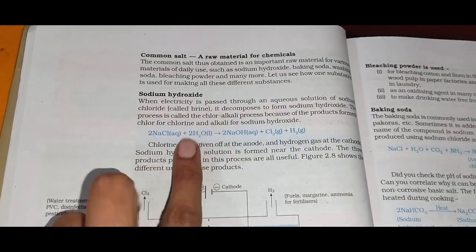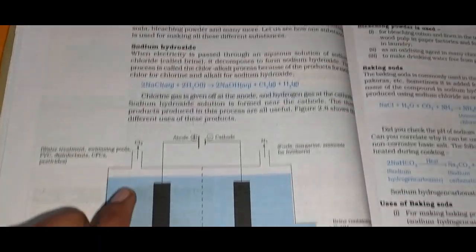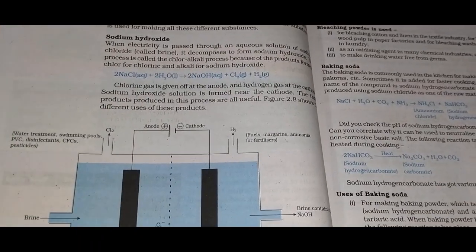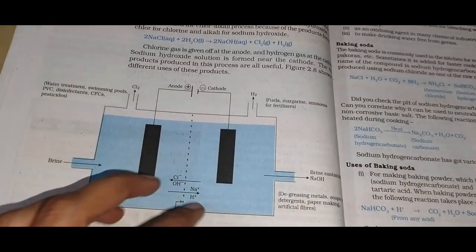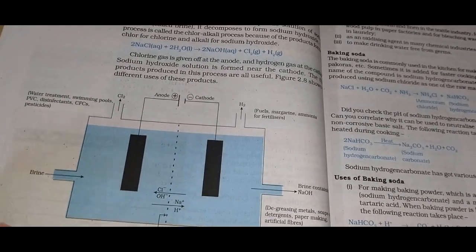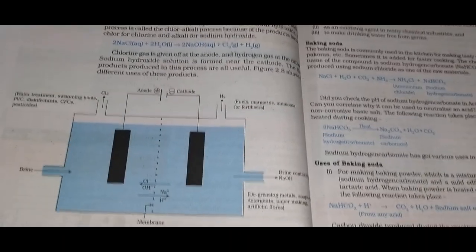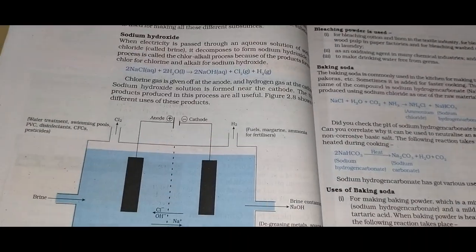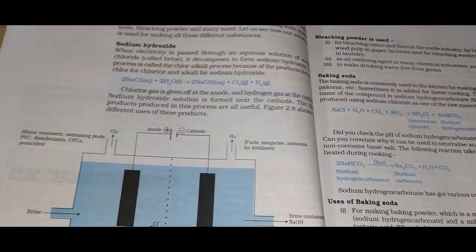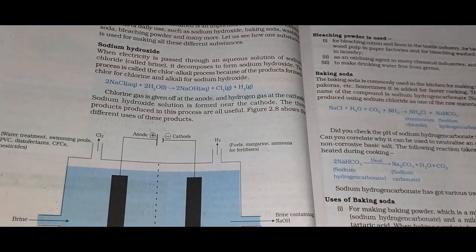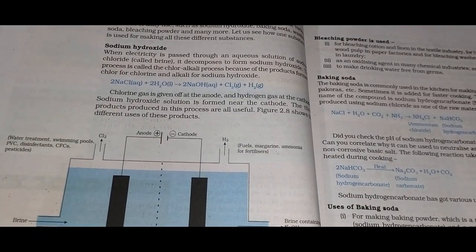Sodium hydroxide is prepared when electricity is passed through an aqueous solution of sodium chloride. To prepare it, sodium chloride powder should be dissolved in water to form sodium chloride solution. It is called brine solution. It decomposes to form sodium hydroxide, and this process is called the chlor-alkali process.